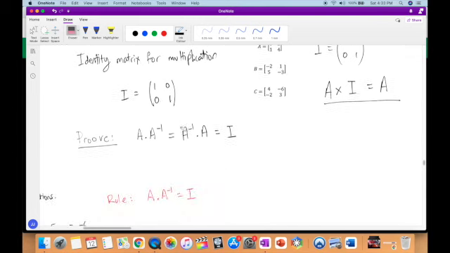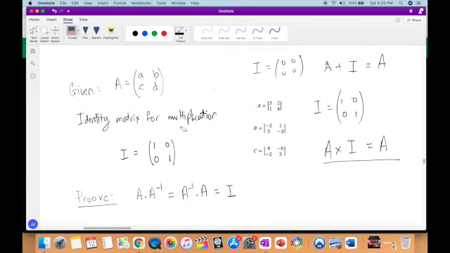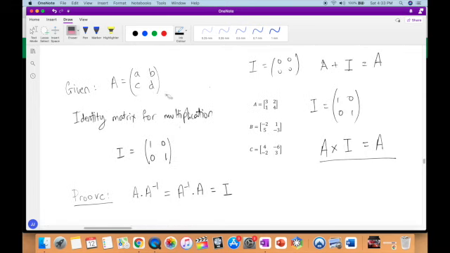Now, what we were talking about here on this side is the identity for matrix addition. So we know that if you take any number and you add it to the identity for addition, you just get back that number.